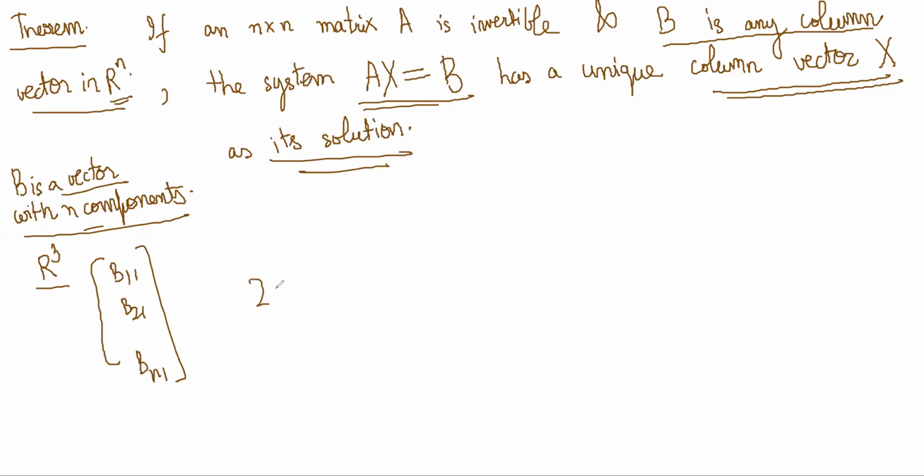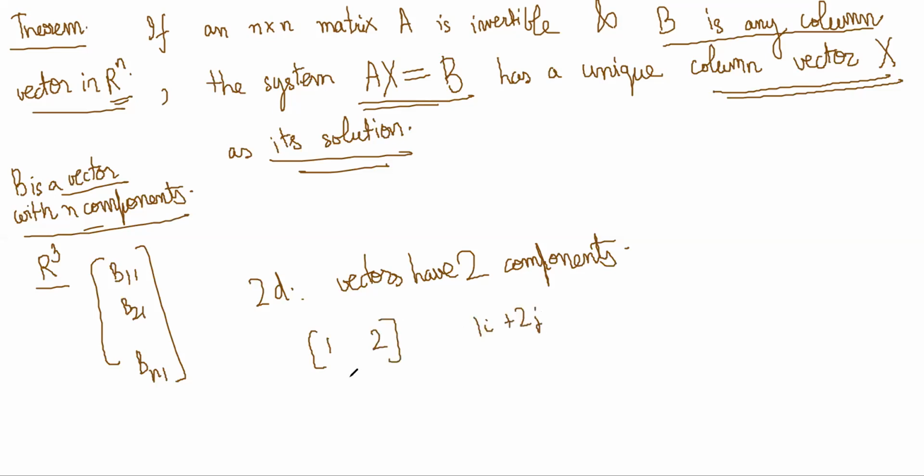Basically, in two-dimensional space, you say vectors have 2 components, right? So you will be able to write a vector using just 2 numbers, 1, 2. This is 1i plus 2j, or you can also write it as a column. So this is a row vector representation, and this is a column vector. It's the same thing, right?